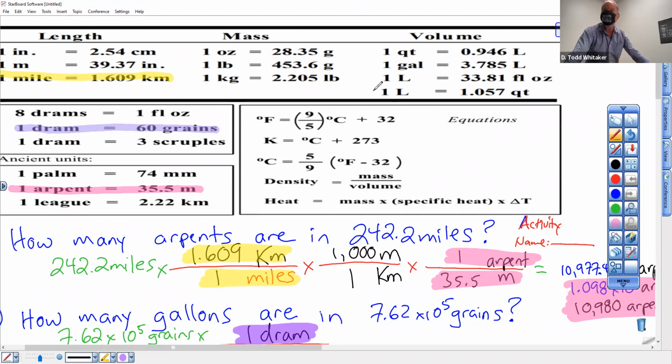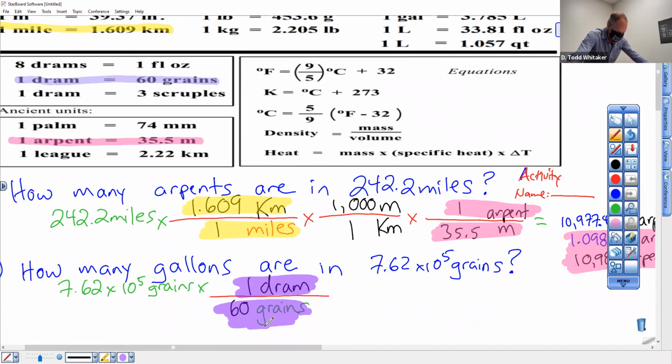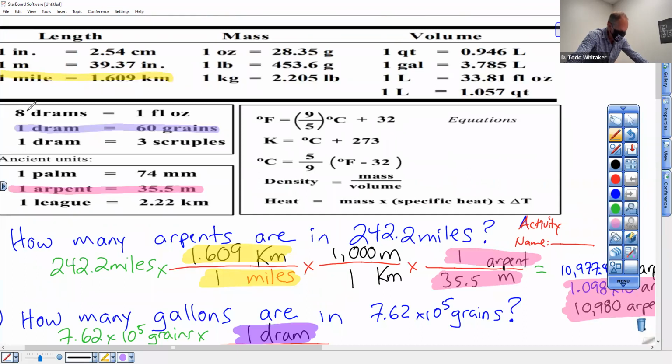We can go, I mean, yes, you can go many ways, but I think the best way is grains to drams, of course, because you can't do anything else. And then drams to, is there a dram to liter? No, there isn't one. Fluid ounces, good.